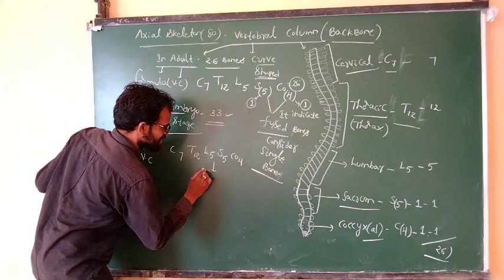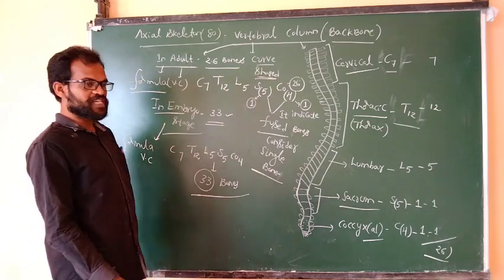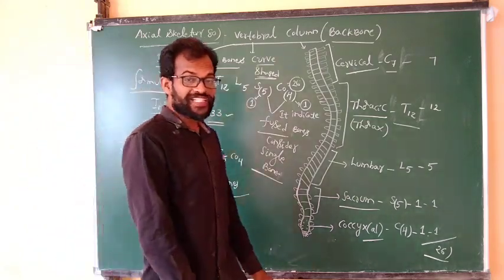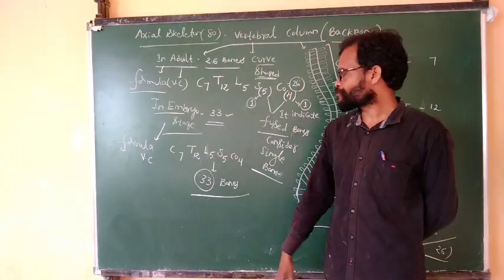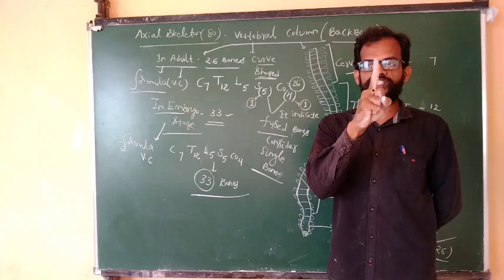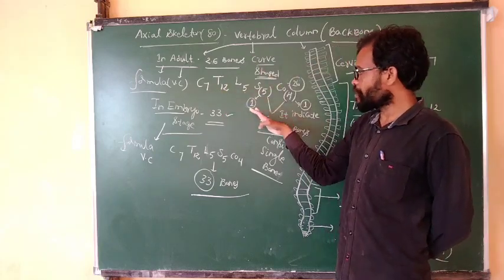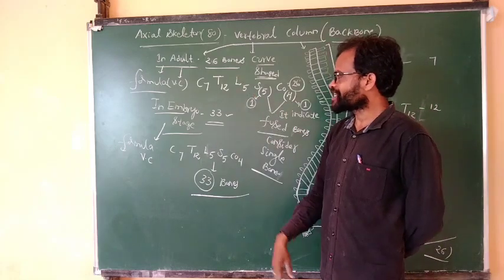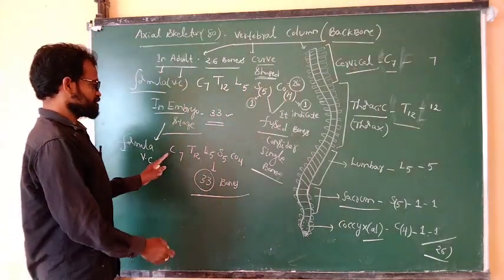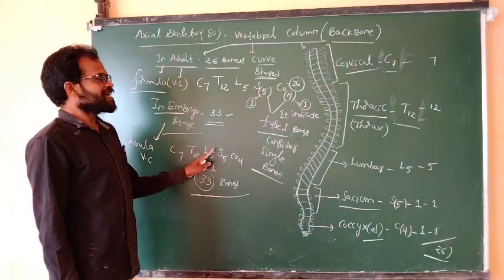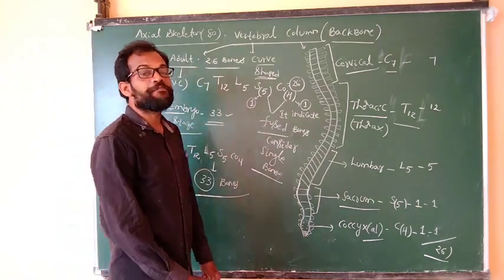That is 33 bones, with no fusion. When you reach the adult stage, these 5 bones fuse into one bone, and the coxal bones also fuse into one. The total bones in the adult vertebral column is 26, but in the embryonic stage it is 33.